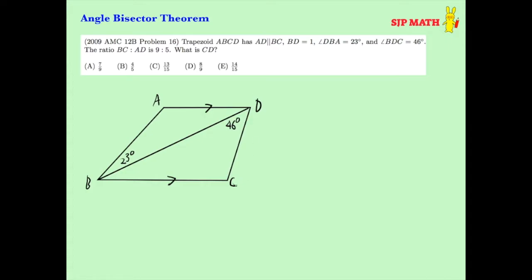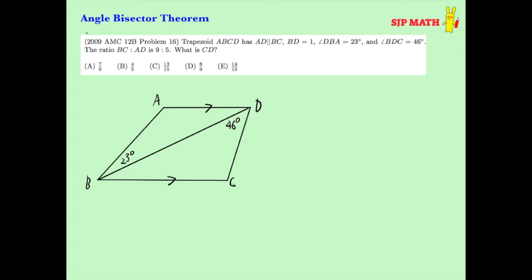Line segment CD. So first, let's observe this diagram closely before we start. We have two known angles given by the problem, which are 23 degrees and 46 degrees. And what we notice is that 46 is double 23, or 23 is half the value of 46.